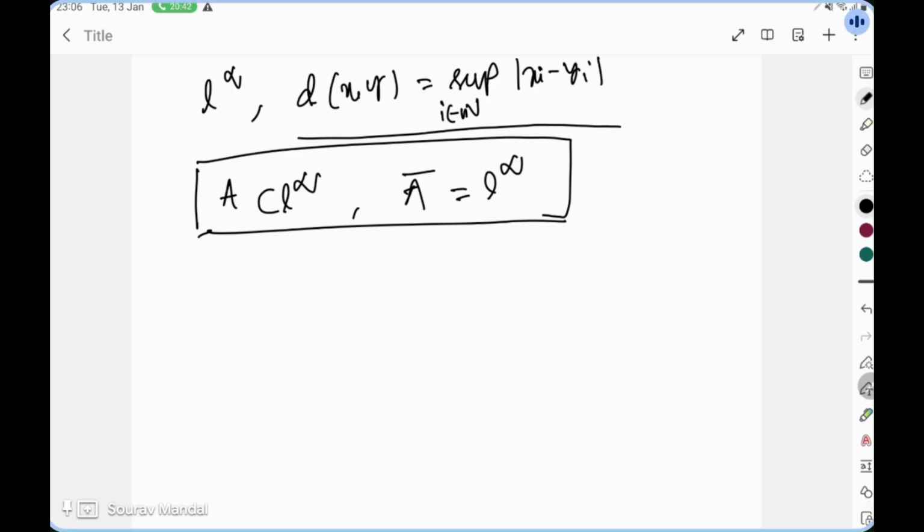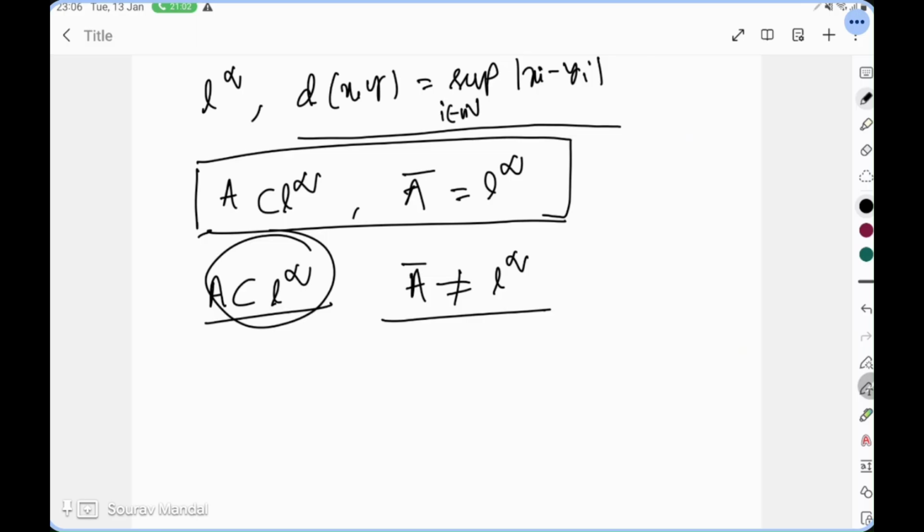So if you are considering some countable subset A of L infinity, in that case A cannot be a dense subset.